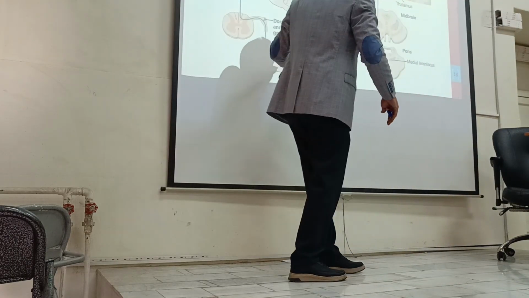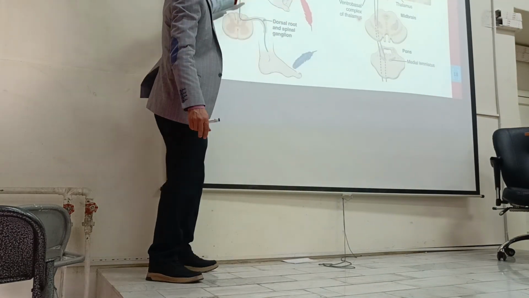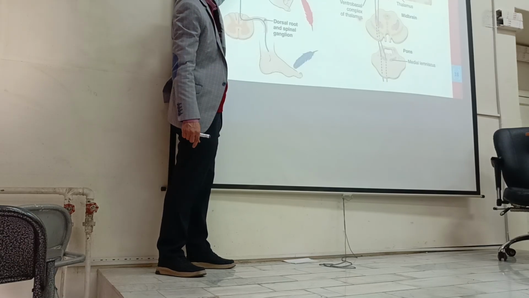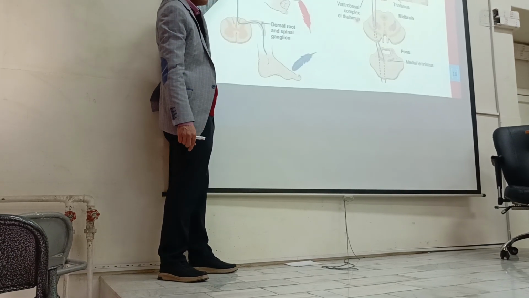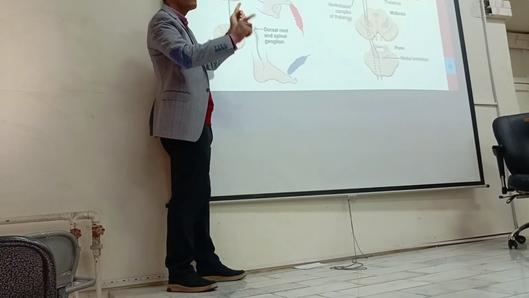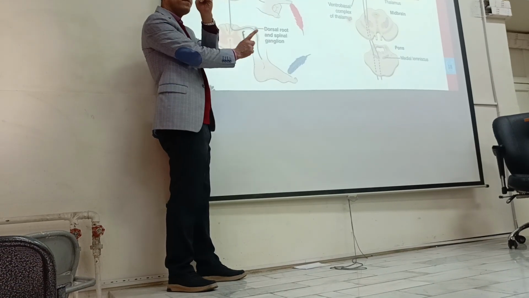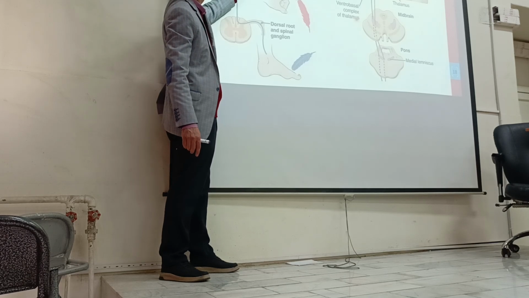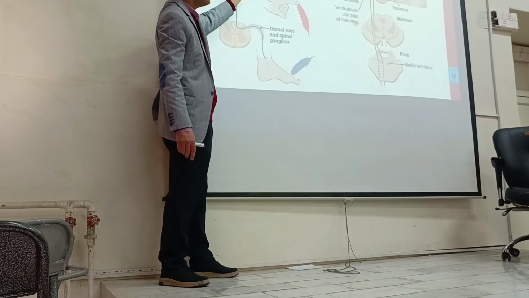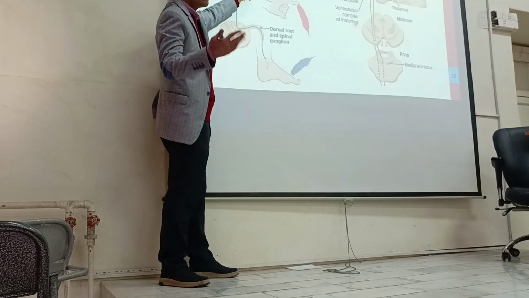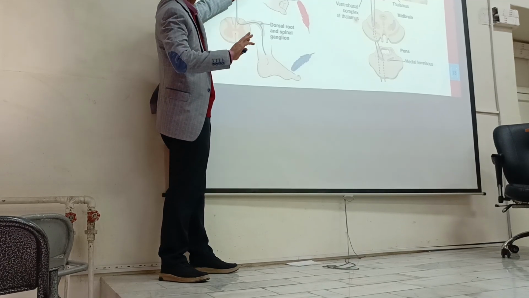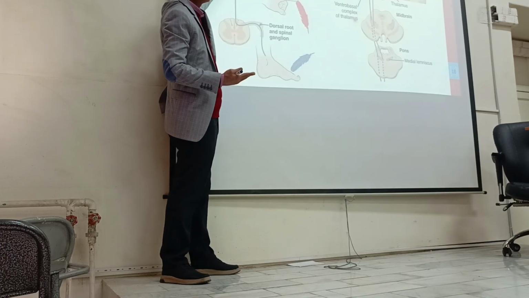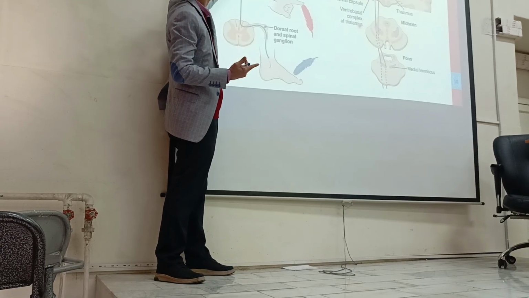So again, let's see here, fibers cross the midline and go to the opposite side. When they go to the opposite side, orientation is reversed. So here, you can see that the blue one is medially, the red one, originated from the hand, is located laterally. But here in the medial lemniscus, orientation is changed.